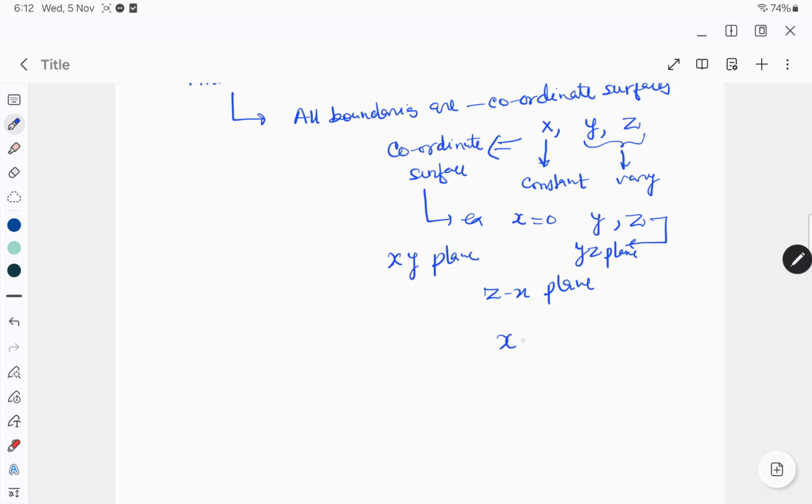Because if you take x equal to a, then this surface would be parallel to the YZ plane at a distance a from the origin.